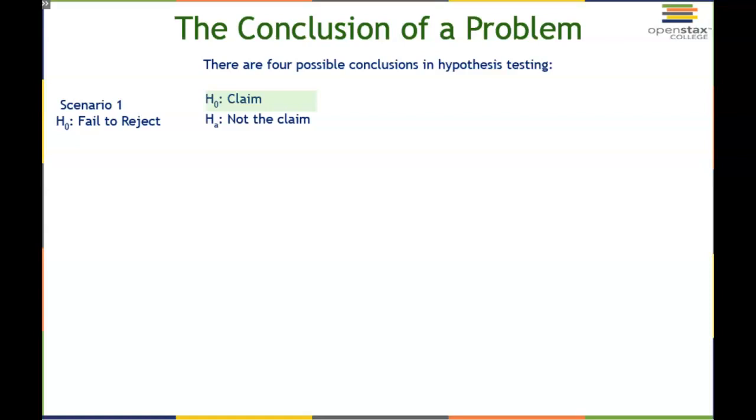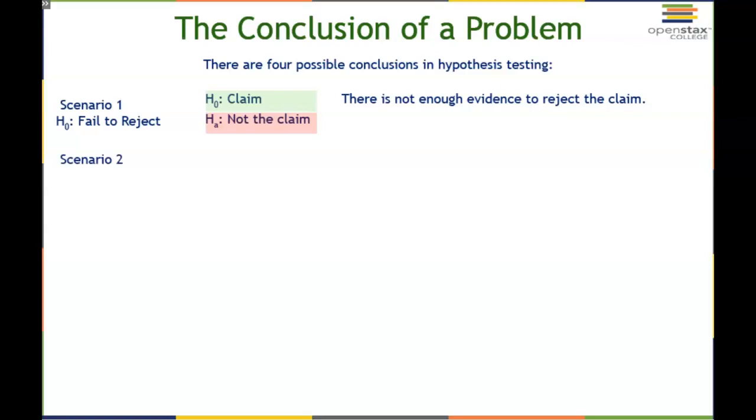And because only one of those can be good, HA is bad, I'll color that red. And our conclusion could be, there is not enough evidence to reject our claim. That's pretty standard language. There's not enough evidence to reject our claim because we failed to reject it.